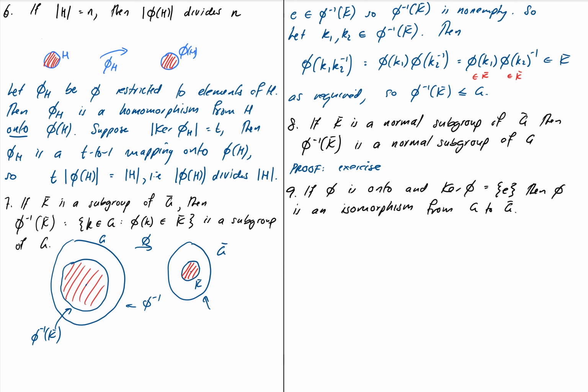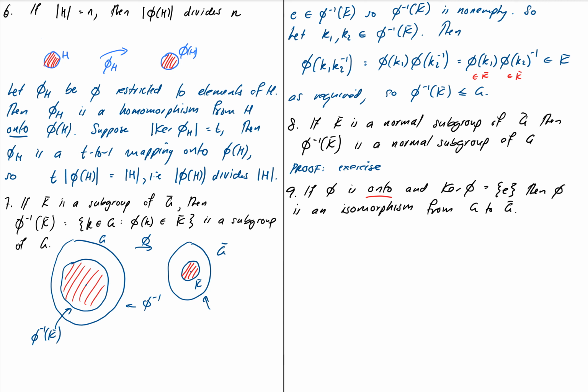Alright, so essentially this is giving a couple of conditions we need to add to make phi into an isomorphism rather than just a homomorphism. So remember, isomorphisms are homomorphisms that are one-to-one and onto also. Alright, so we've been given that it's onto, so the only thing missing is the one-to-one property.